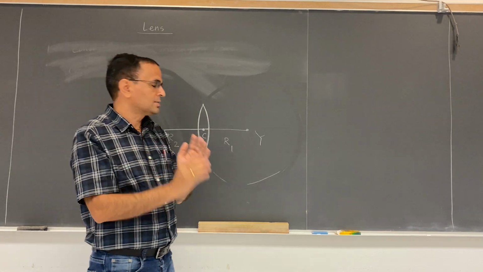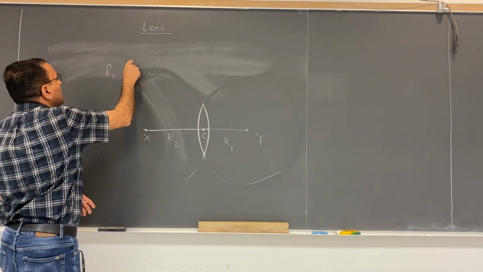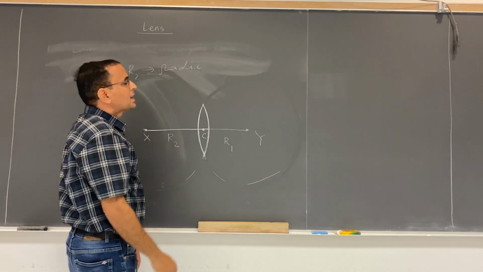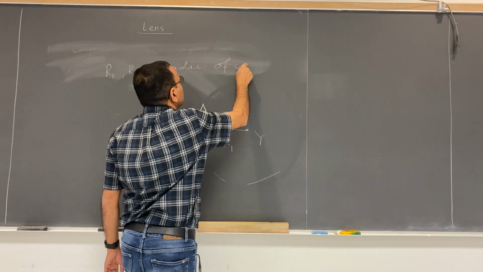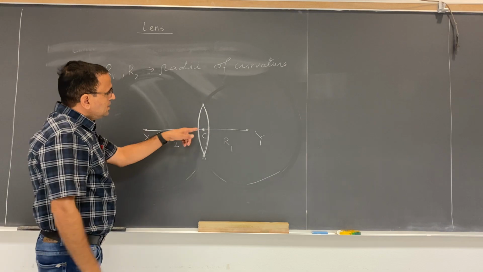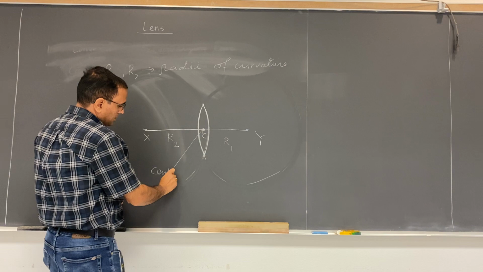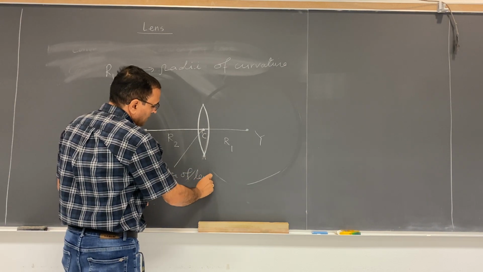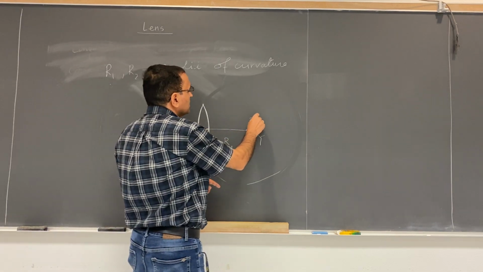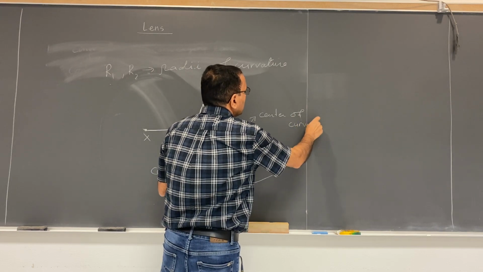R1 and R2 are the radii of curvature. And this point C is the center of the lens, and these are the centers of curvature also.